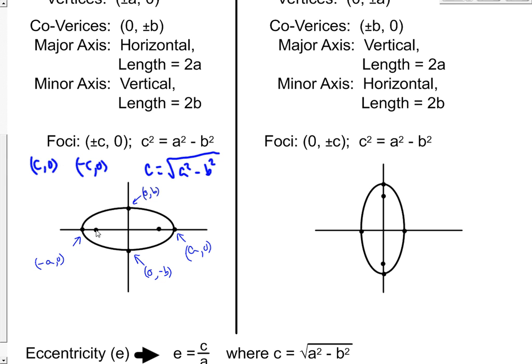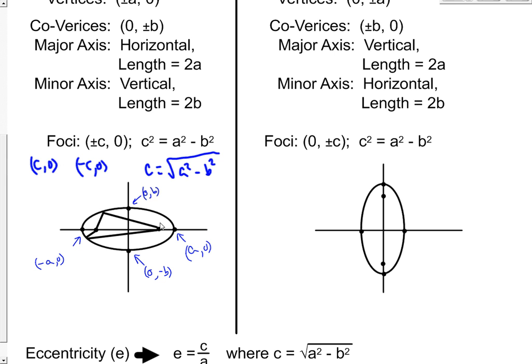And the interesting thing about foci is if you take a line from the foci to a point on the ellipse and go to the other foci, no matter where you do that, and add those two lengths together, it's going to be equal to the other two lengths that you did.